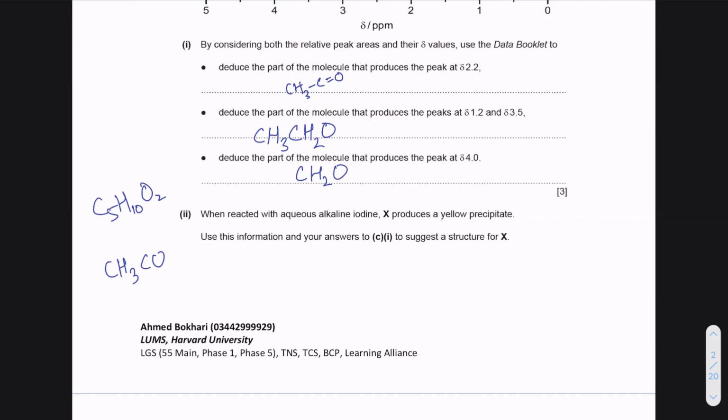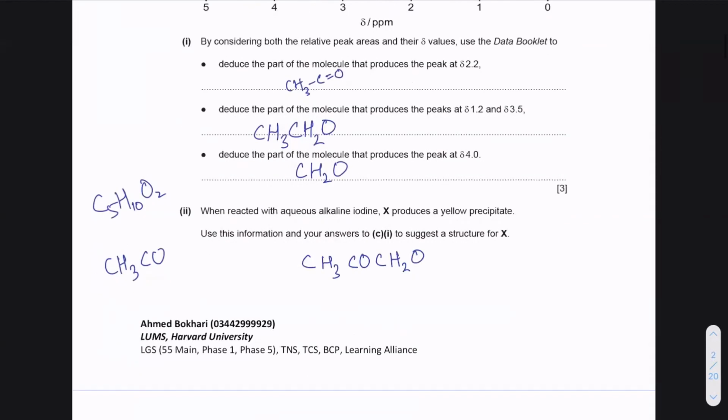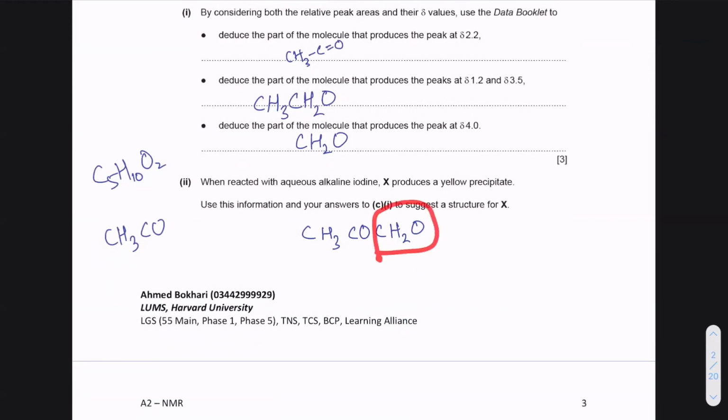लेट मी स्टार्ट विद द फर्स्ट वन. CH3CO इसने बना दिया होगा आयोडोफॉर्म. फिर इसी के साथ ये भी अटैच हुआ होगा. क्यों? क्योंकि एडजेसेंट पे कोई हाइड्रोजन नहीं था, कोई स्प्लिटिंग नहीं थी 4 वाले की. तो इसका मतलब है ये CH2O was next to this one because उसकी कोई स्प्लिटिंग नहीं हुई. और फिर इसी CH2O के साथ ये पूरा भी था.